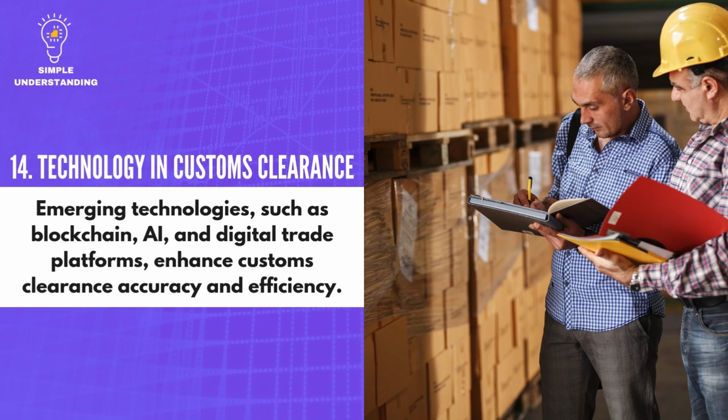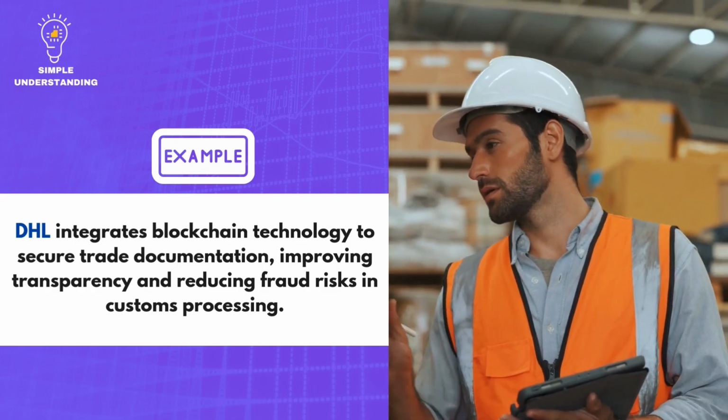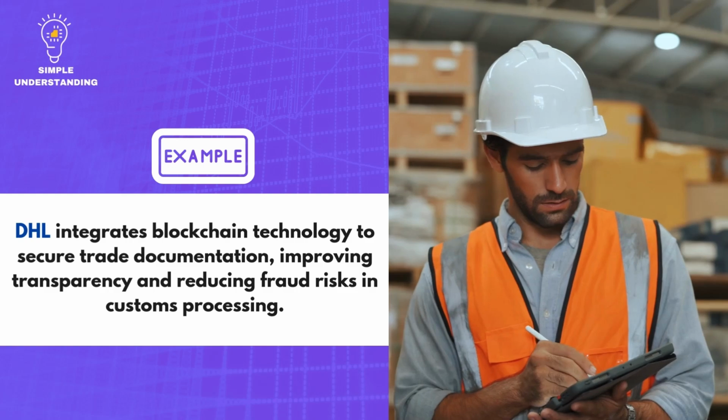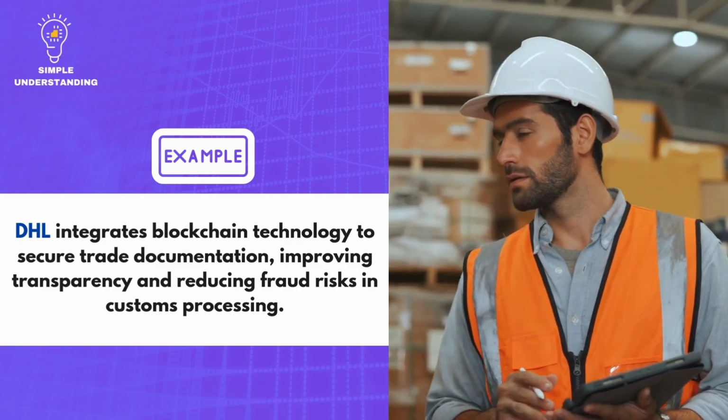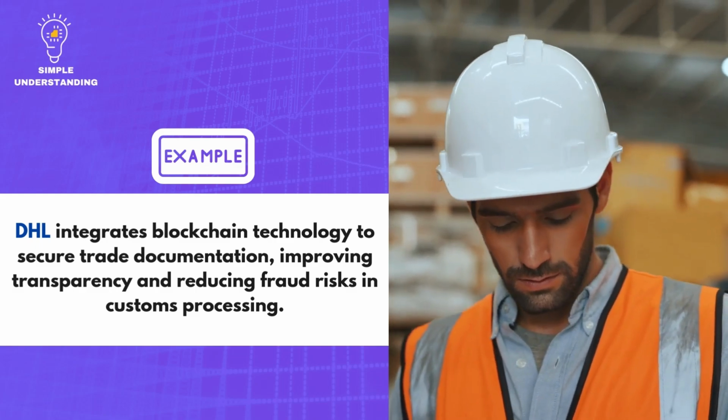Technology in customs clearance. Explanation. Emerging technologies such as blockchain, AI, and digital trade platforms enhance customs clearance accuracy and efficiency. Real company example. DHL integrates blockchain technology to secure trade documentation, improving transparency and reducing fraud risks in customs processing.